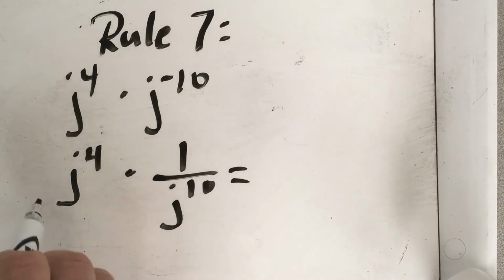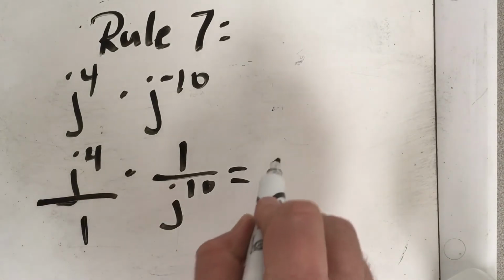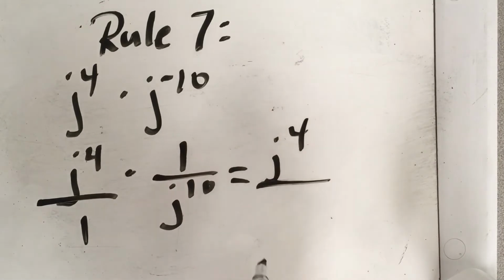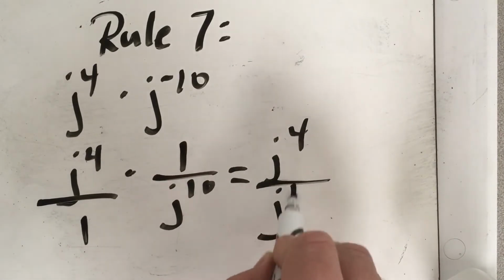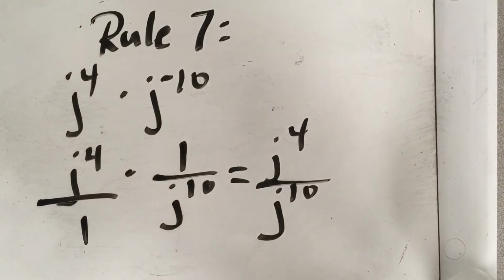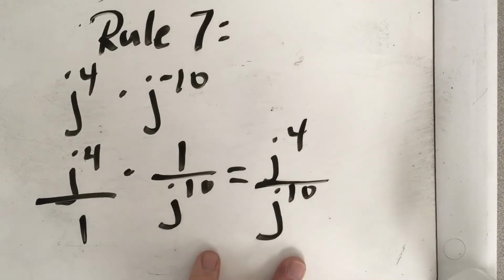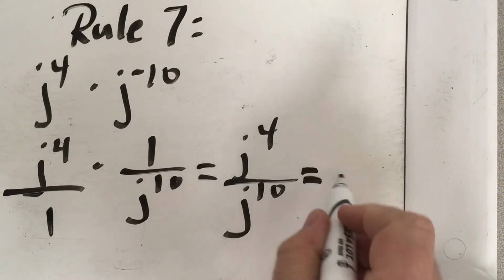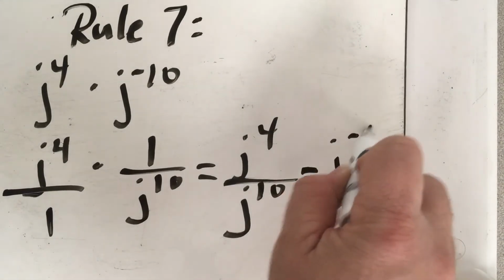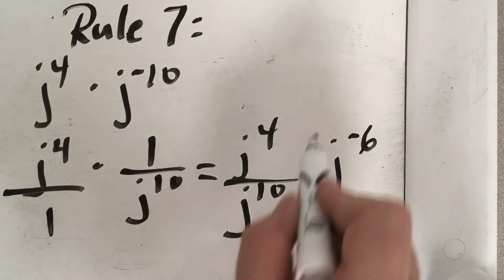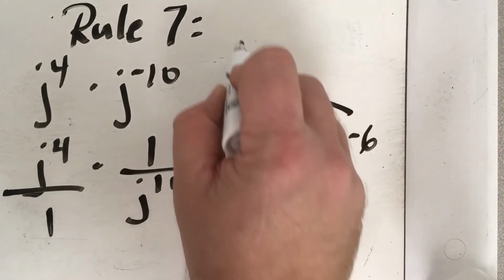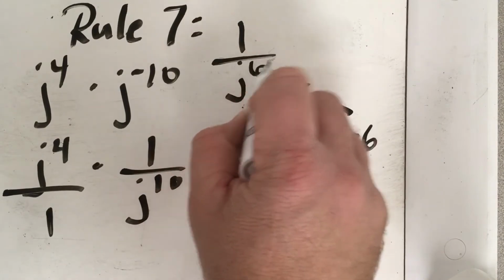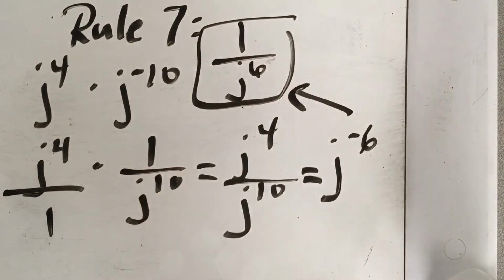Well, now when you multiply, this is j to the 4th over 1. So you'd have j to the 4th on top and j to the 10th on the bottom. Your rule is to subtract. What's 4 take away 10? Negative 6. And you're right back to where I was. So I'll come over here and write 1 over j to the 6th.